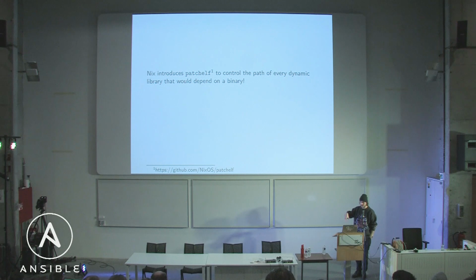That helps you to have, for example, two conflicting glibc versions on your machine. That's not an issue when you use Nix, or two Python versions or anything, and that works with something called patchelf that will force a binary to use the specific dynamic library you want it to use. That's how Nix assures you control of the complete set of dependencies.